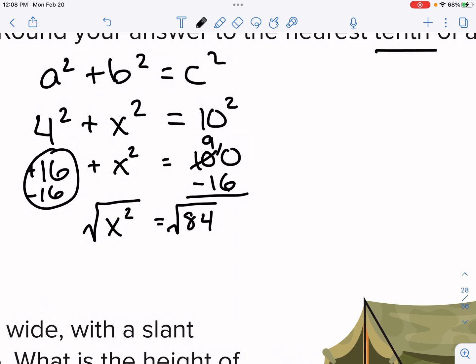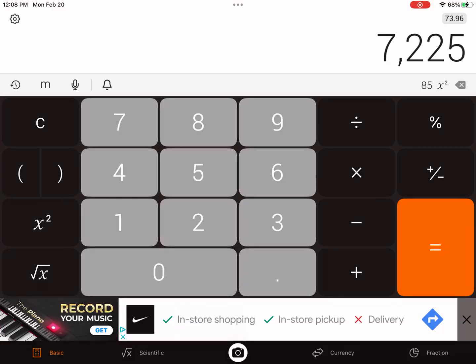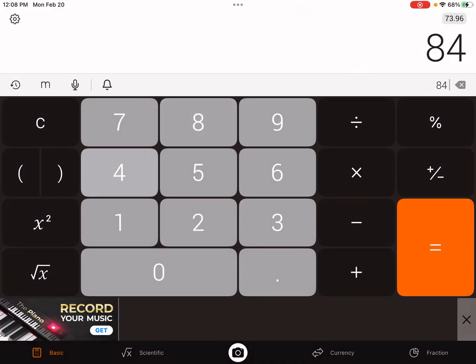We're going to get x is equal to, this won't be a perfect square, so we're going to have to approximate. And keep in mind, we're rounding to the nearest tenths place. So square root of 84, square root of 84 is 9.16.